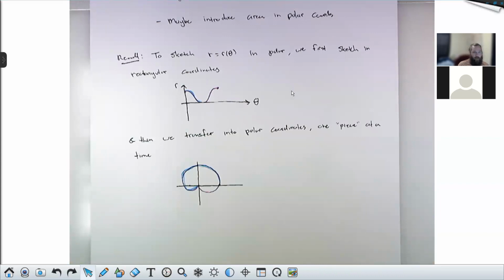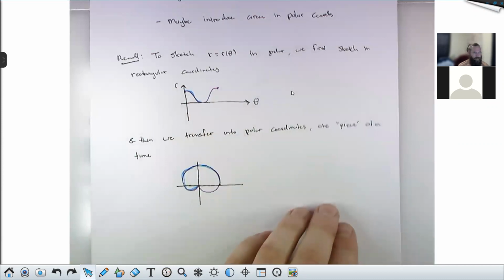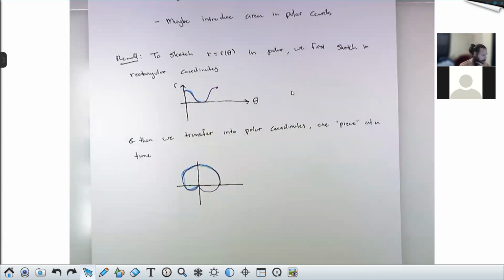The example I've drawn here is actually a good one. We can begin with something like this. I think we did one of these last time. This shape down here is called a cardioid. Let's set up a specific example, get a specific rectangular graph, and see how we move that into polar. Okay, but this was the general procedure.